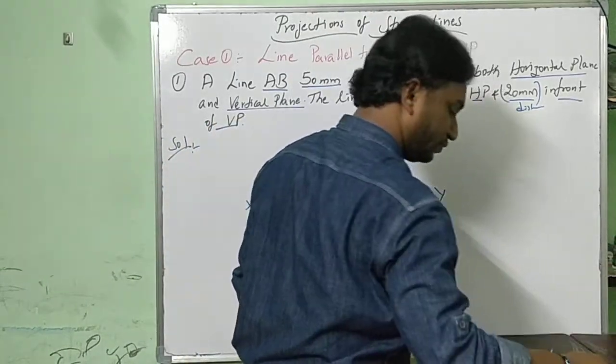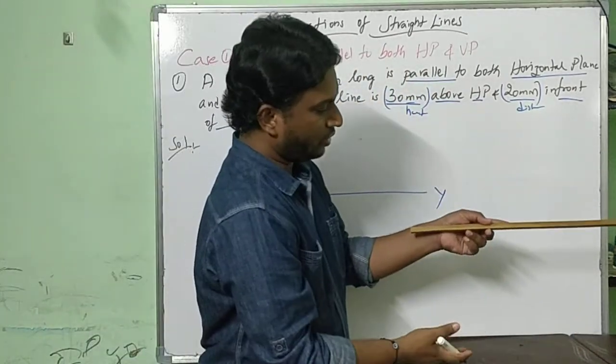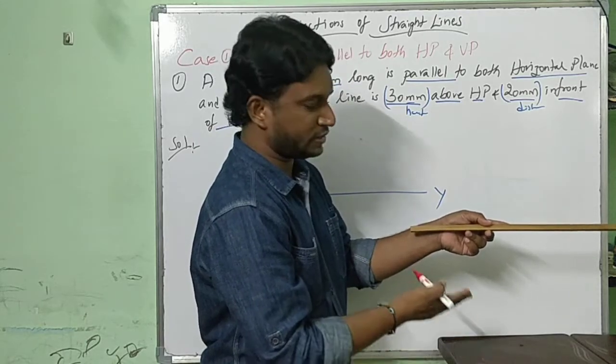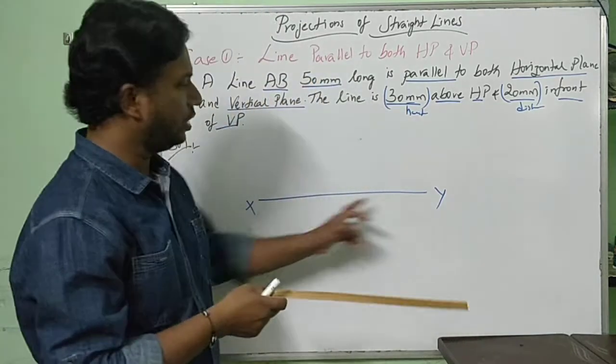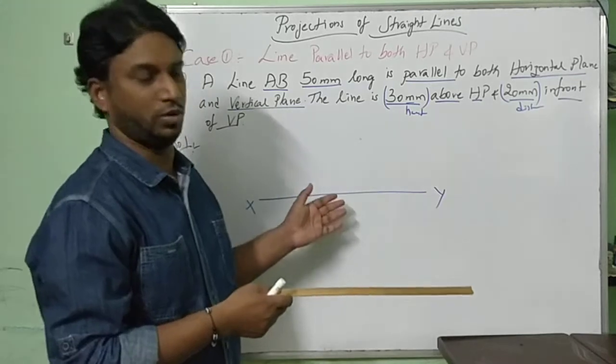On this XY line, we are supposed to draw the height with respect to the horizontal plane, but the horizontal plane, you always remember, is equal to the XY line in our drawing sheet or notebook or whatever your drawing board, right?